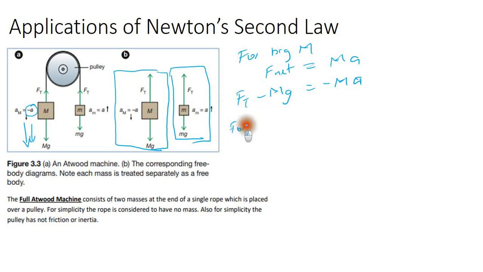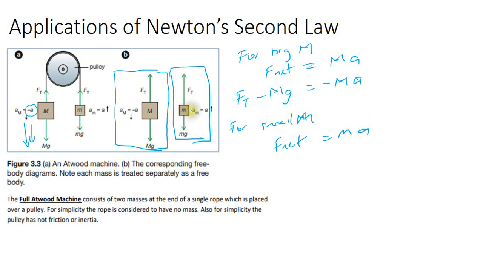Now for small m, we can also find the net force. Net force is equal to m times a. The forces associated with this system here are the tension force and the weight of that particular object.